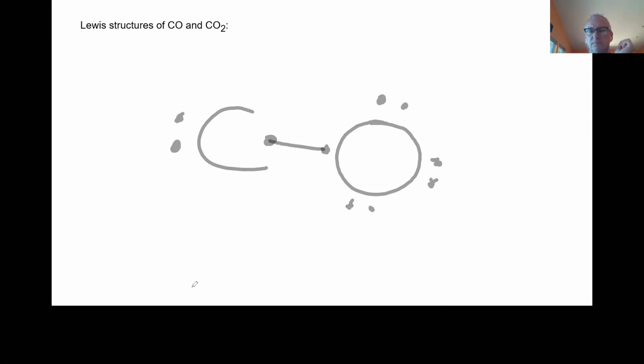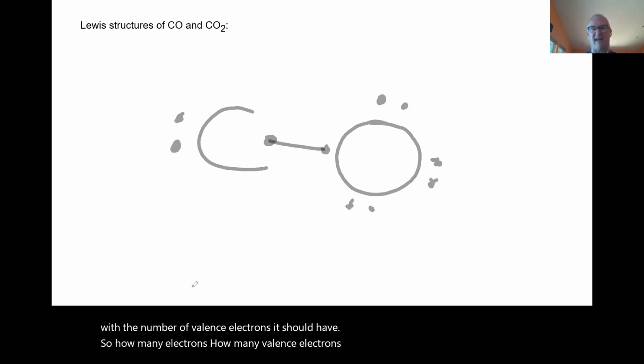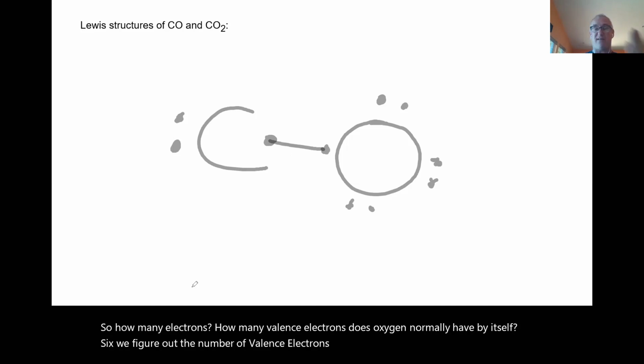You take the number of valence electrons oxygen needs, and then you take the number of valence electrons oxygen has. Exactly. So we start with the number of valence electrons it should have. How many valence electrons does oxygen normally have by itself? 6. So we figure out the number of valence electrons it has by itself, which is 6.